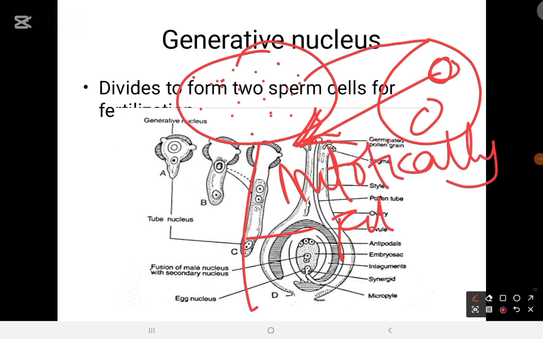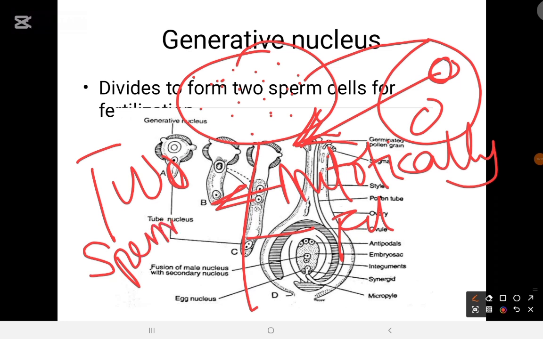It forms two sperm nuclei, or sperm cells. Why we call them nuclei is because the nucleus is one of the most prominent portions of the cell.